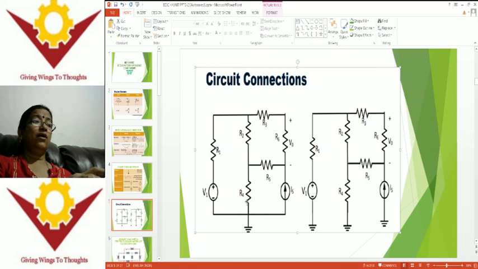In this case, R4 is connected to the ground, and the ground terminals of V1 as well as IS are also connected to this. There is a possibility to connect this particular circuit with three different grounds also. The remaining circuit diagram connections are the same for this circuit as well as this circuit. This is just an example for understanding how you are going to make the connections while doing experiments in your laboratories.